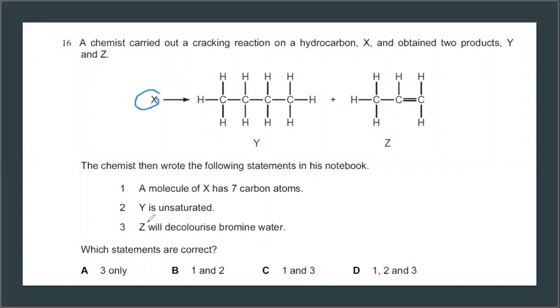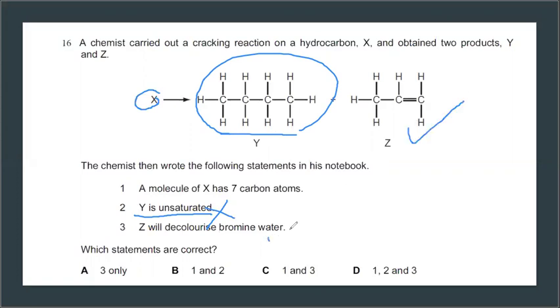So Y is unsaturated. So Y is an alkene. Which statements are correct? If Y is an alkane, alkanes are saturated, not unsaturated. So this here is wrong. And Z will decolorize bromine. This is an alkene. Okay, so this is correct. A molecule of X has 7.